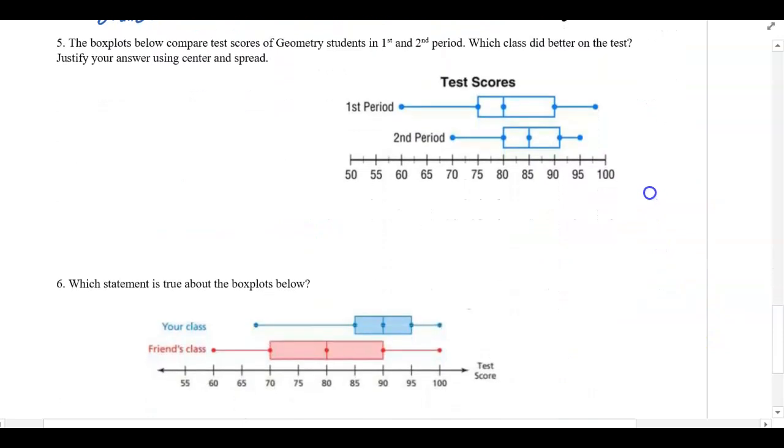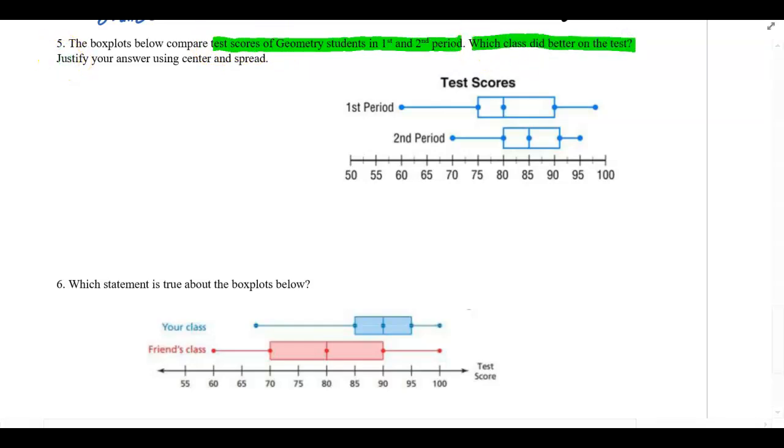Take a look at example number 5. Again, we are given 2 box plots. And these box plots represent the test scores in geometry of first and second hour. And we want to know which class did better. We want to justify using the center and the spread. So for center, I'm going to use the median.